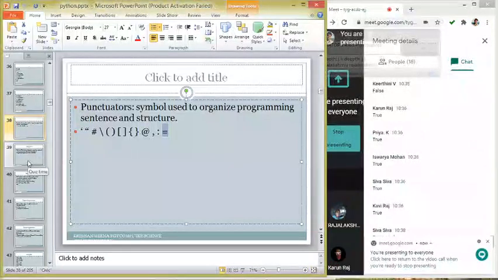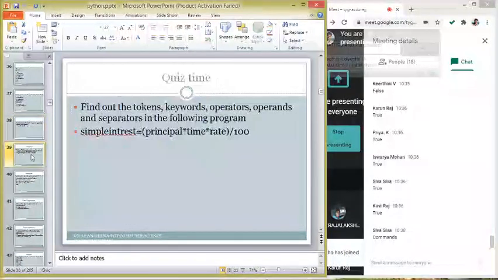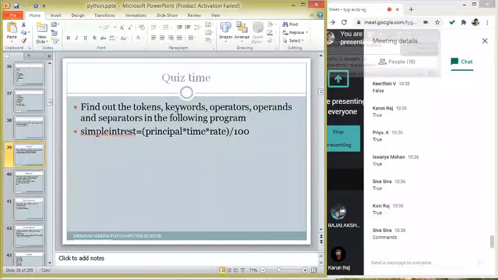Right? Now, a question for everybody, and please write the answer. Find out the tokens, the keywords, the operators, the operands and the separators in the following program. Simple interest is equal to principal multiplied by time multiplied by rate divided by 100. In this you have to find out the tokens.